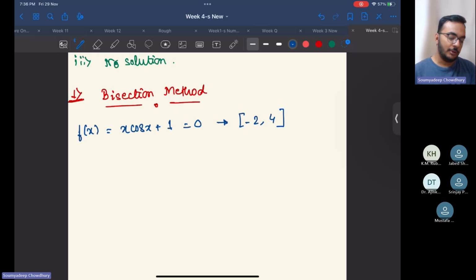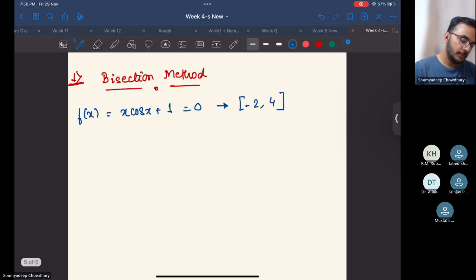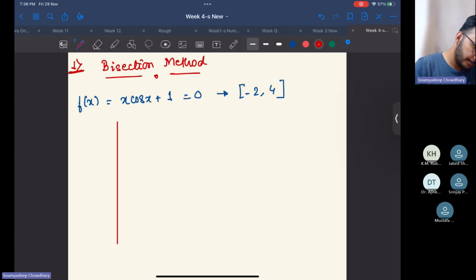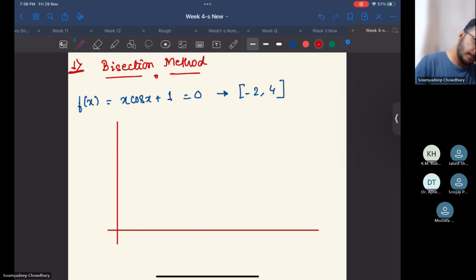So now what is the algorithm? First we have to prepare a table. So what is that? Okay, first let me discuss the geometrical approach. It might be more appealing to you. So suppose this is my x. I'm doing this for a random function, right?